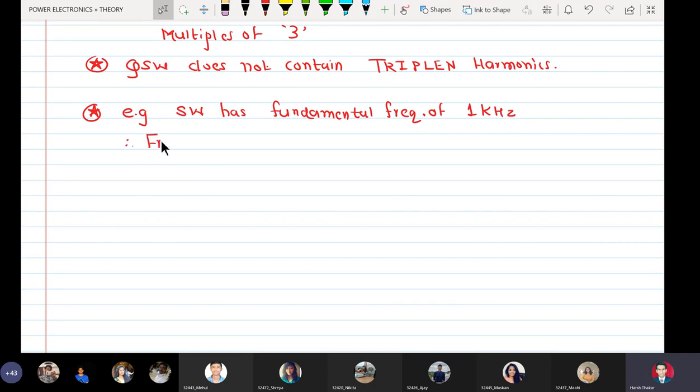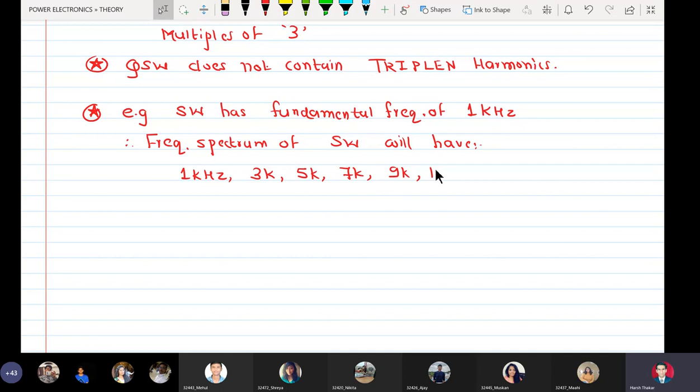Therefore, the frequency spectrum of square wave will have 1 kilohertz, the fundamental component. It will have 3K, 5K, 7K, 9K, 11K, 13K, all odd harmonics.